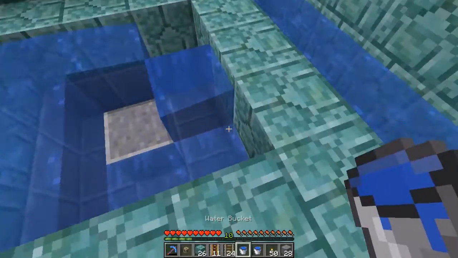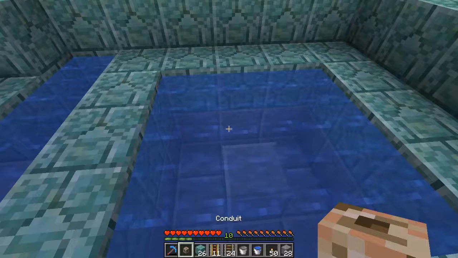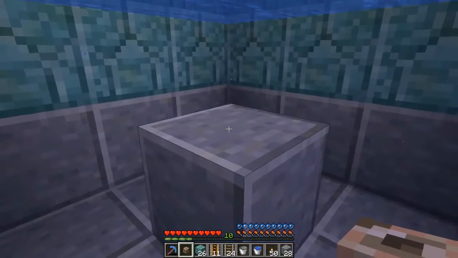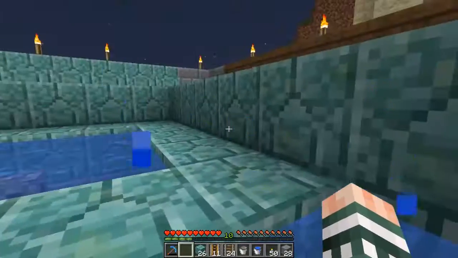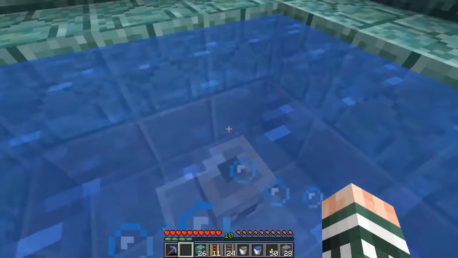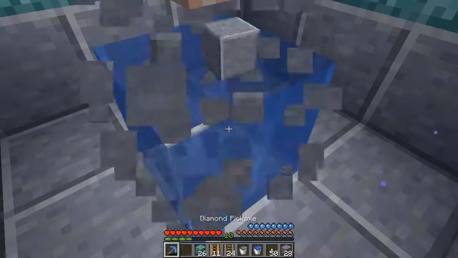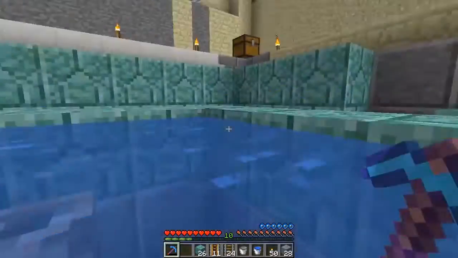Yeah, there's that place too. Now that this is filled, I could place the conduit into here. Good. Now it's not activated yet. To activate it, first I'll get rid of that so that there is water below it.